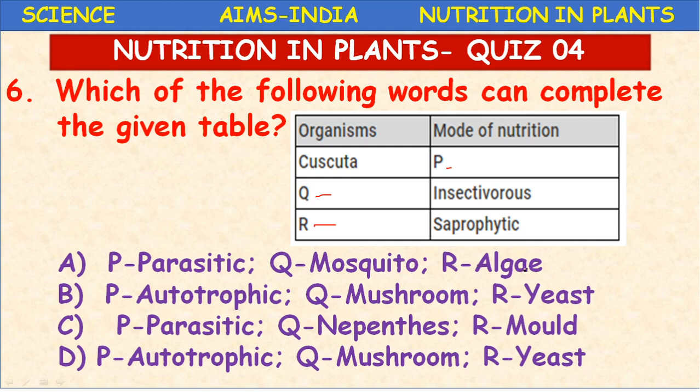R representing alga, yeast, mold, these three, alga, yeast and mold, saprophytic nutrition. So mold. Okay. So here what is the right option? Cuscuta, parasitic nutrition, an insectivore, Nepenthes, and a saprophyte, mushroom, that is mold. Okay. So option C is correct.